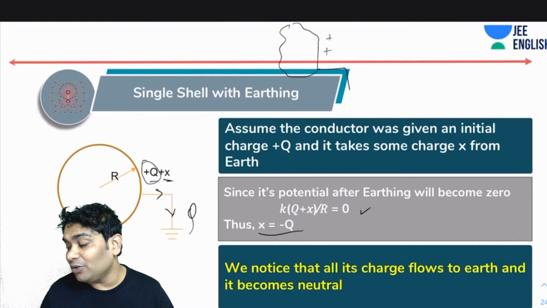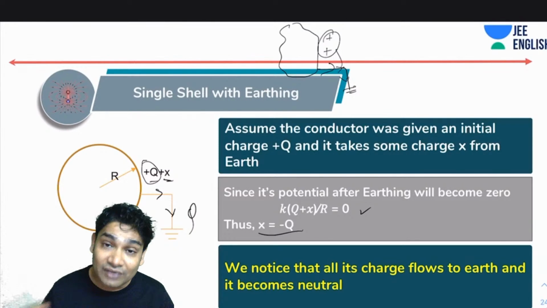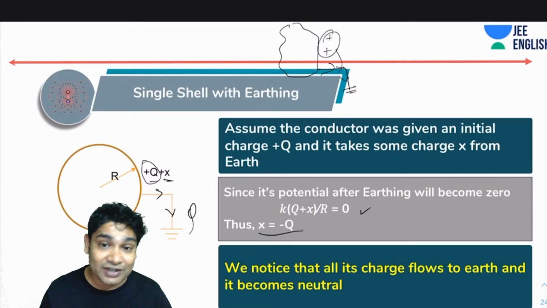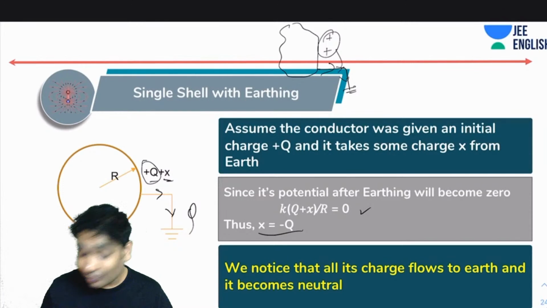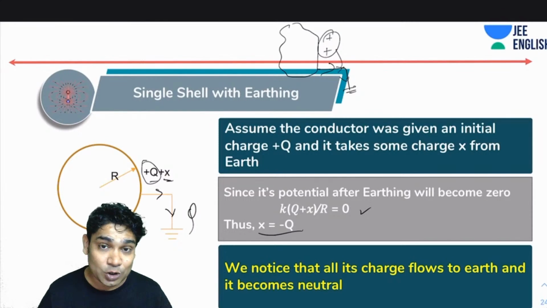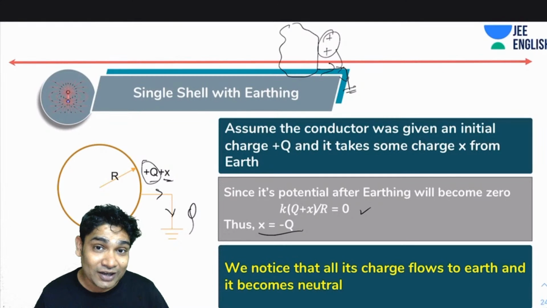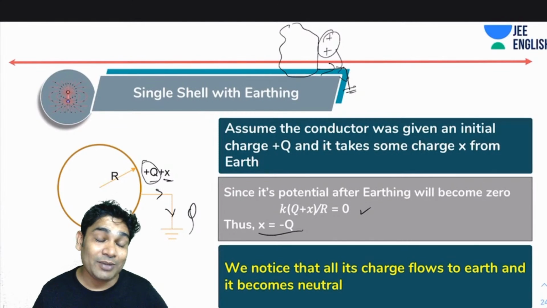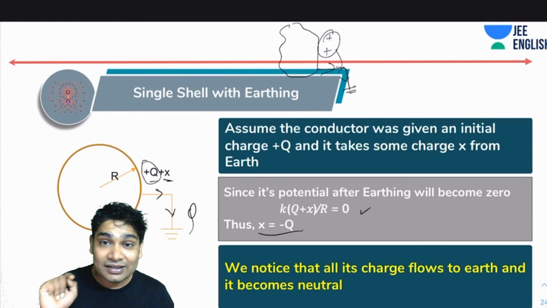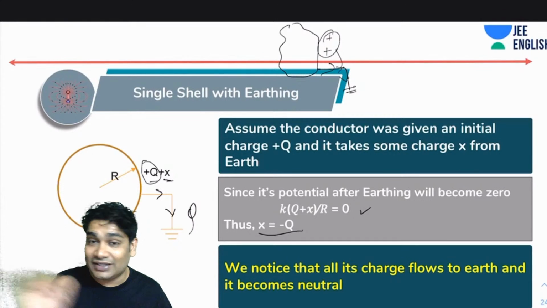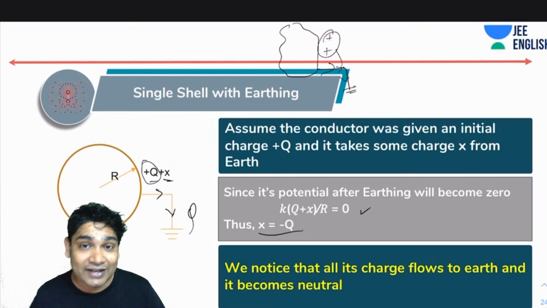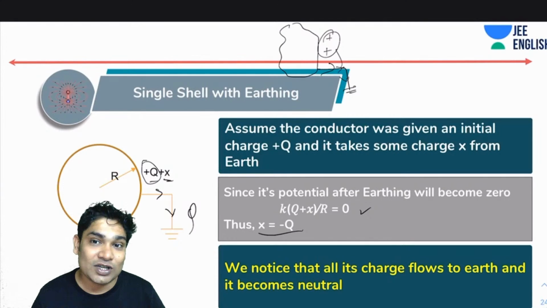But what will happen when you earth it? The moment you connect it to earth, all this charge will flow into the earth, and there will be no charge accumulation on the refrigerator door. So when you touch it, you won't feel a shock. If your earthing has a fault, then the charge accumulated on the surface might give you a shock. There might be times when you touched the surface of the refrigerator and felt a shock. That was if your earthing line was faulty.